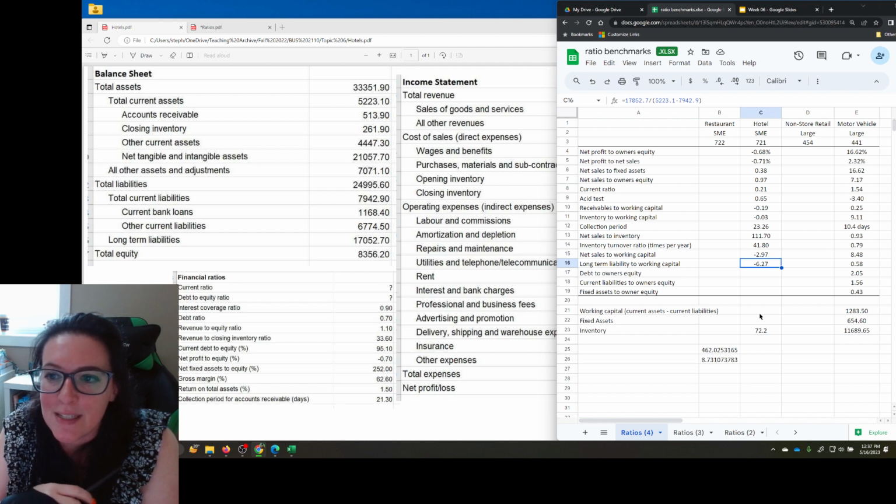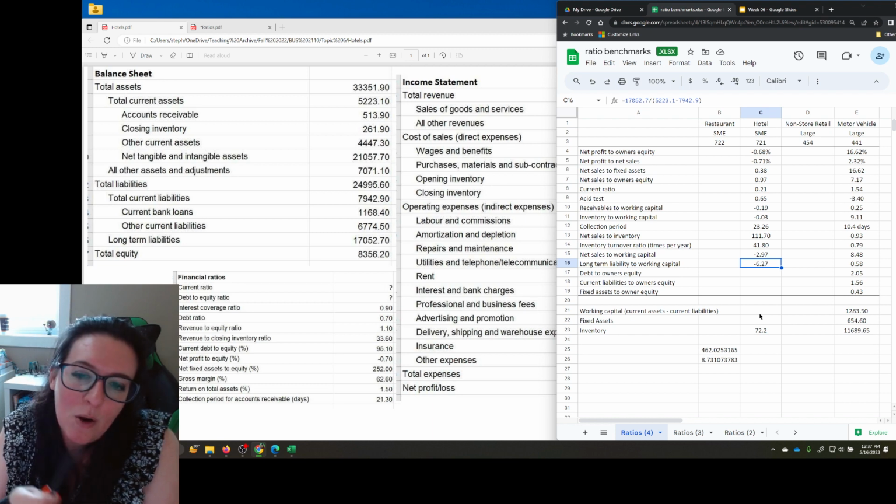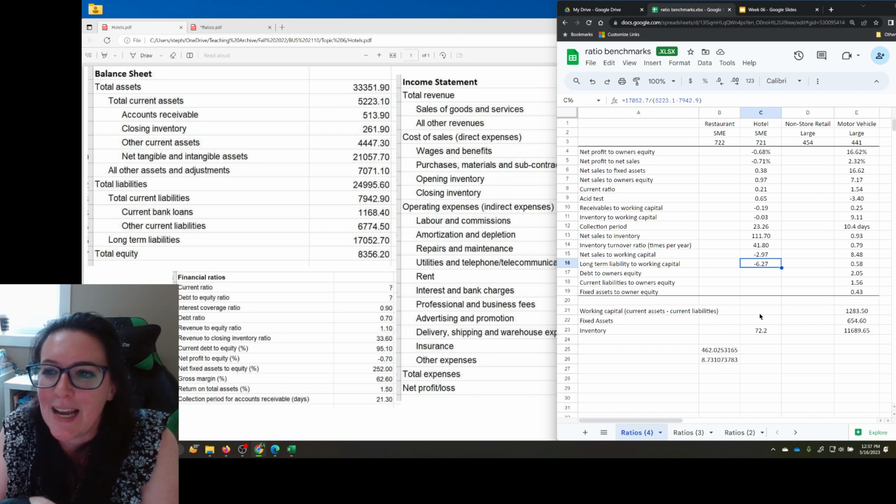So their number is lower than industry. Or maybe they have just acquired a bunch of new locations and their long-term liabilities are quite high compared to working capital. The concern, of course, is the ability to pay off the debt and how liquid you are, how well you can access cash and things you need to fund your daily operations.